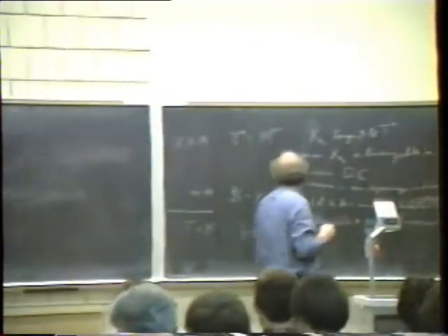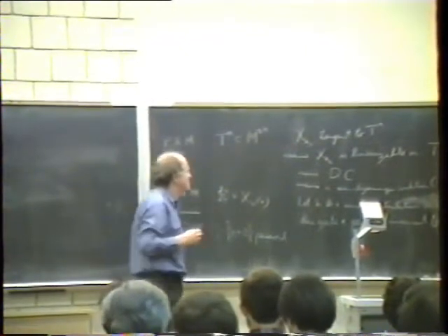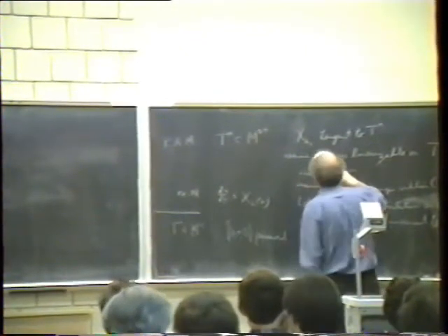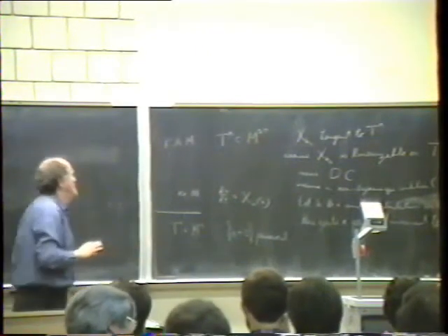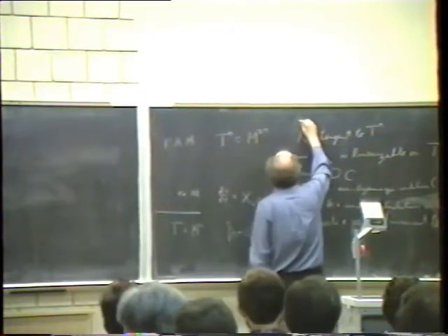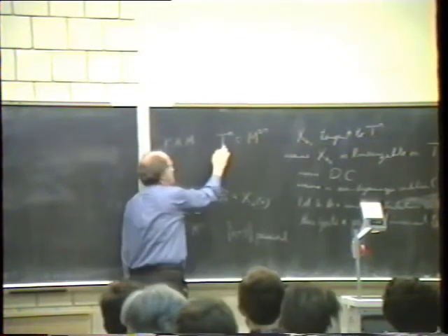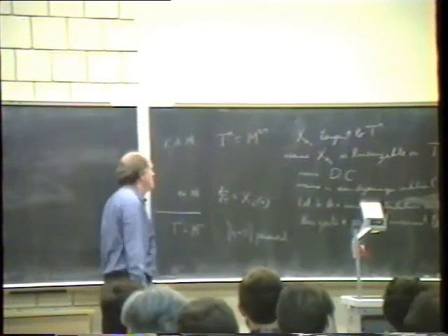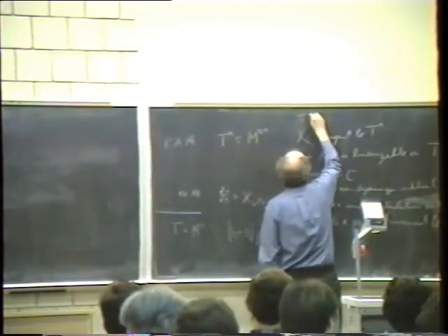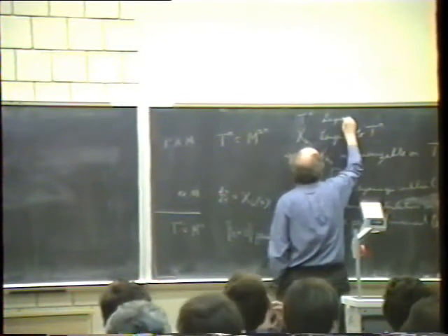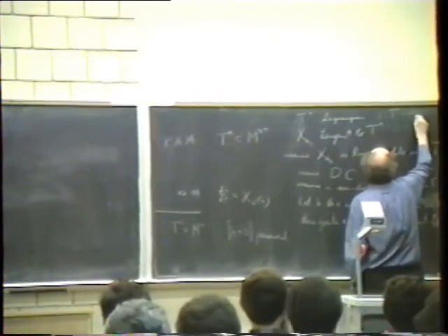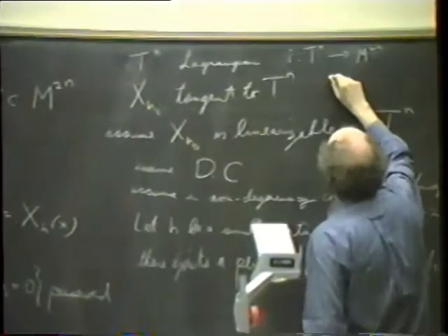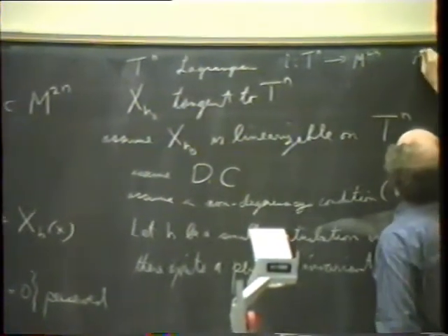So the remark is that, oh, I'm sorry. I should warn you that whenever I quote KAM, I manage to leave out some condition. There are so many conditions on the hypothesis, but I left out a condition that T^n is what's called a Lagrangian submanifold. Well, you have the inclusion i of T^n into M^{2n}, and the Lagrangian condition is that i star of omega equals 0.